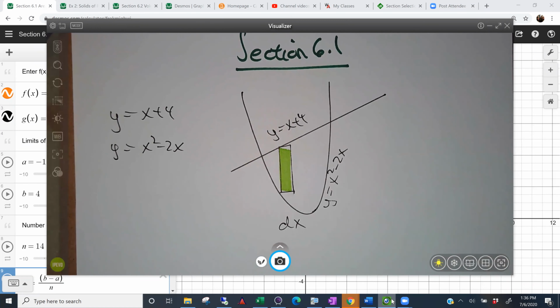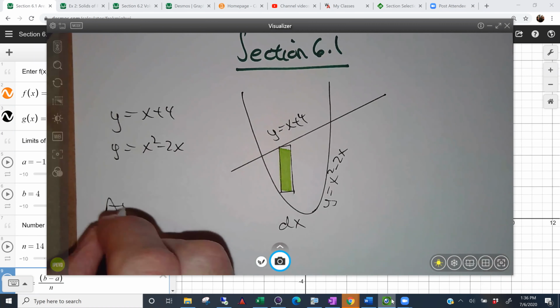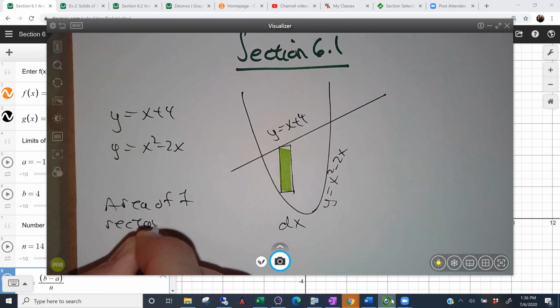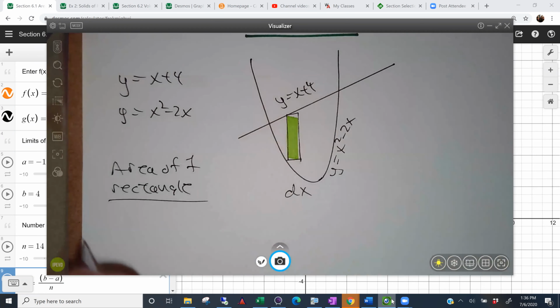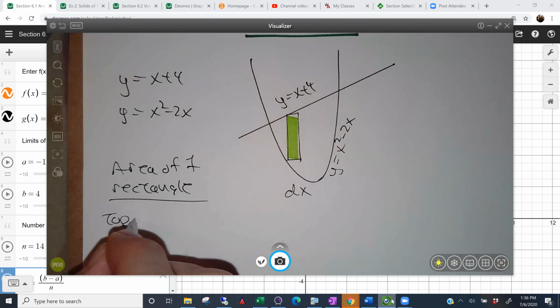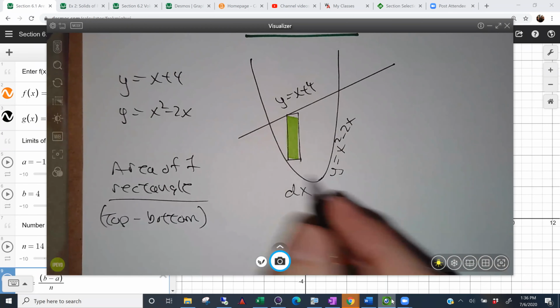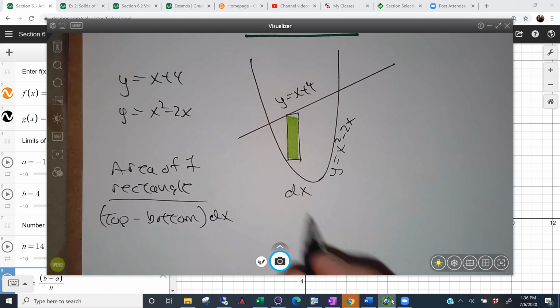So, okay, let's find the area of one rectangle. That's going to be top minus bottom times the thickness, which is your dx. That's how wide that little slice is.